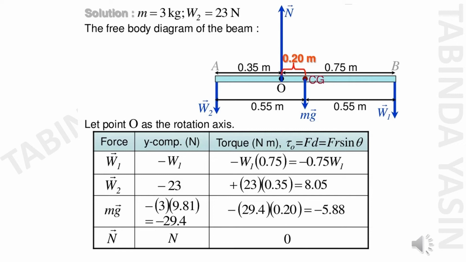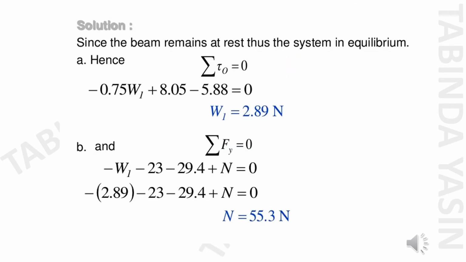The normal force in the upward direction passes through O, so its torque is 0. Since the beam remains at rest, the system is in equilibrium, hence the sum of torques is equal to 0. So putting in the values, 0 minus 0.75 W1 plus 8.05 minus 5.88 is equal to 0. Solving that, we get W1 equal to 2.89 Newton.